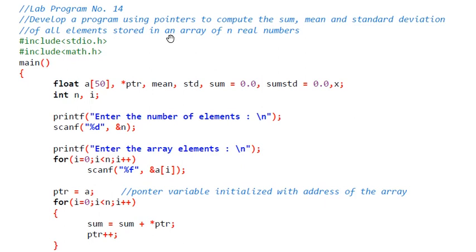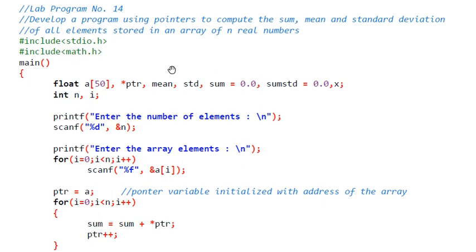Now standard deviation. We will just see some of the concepts that will be used in this program. For the mean there is a formula, I will show you the formula. In this particular program we have to use pointers, and what is a pointer? Pointers are variables which store the address of another variable.